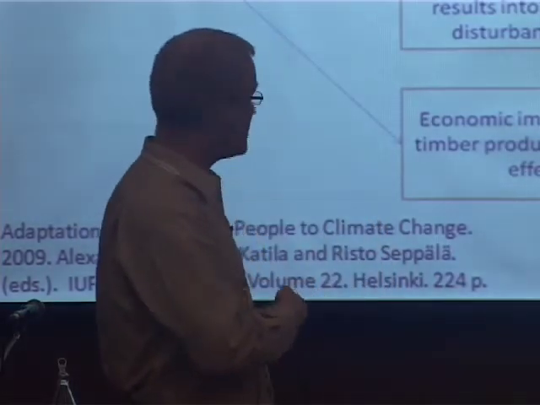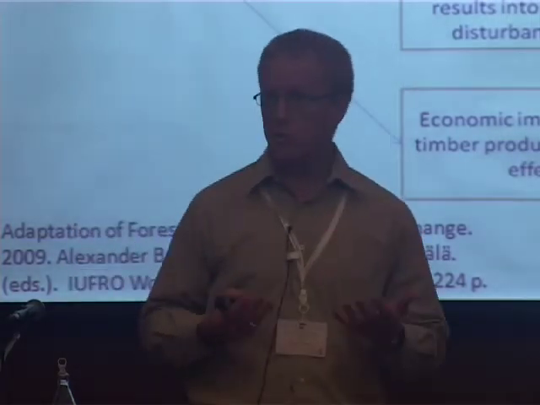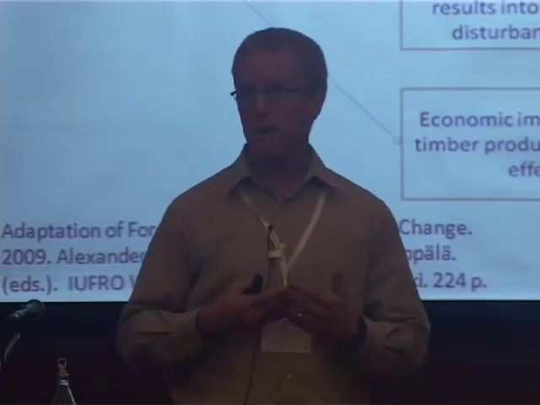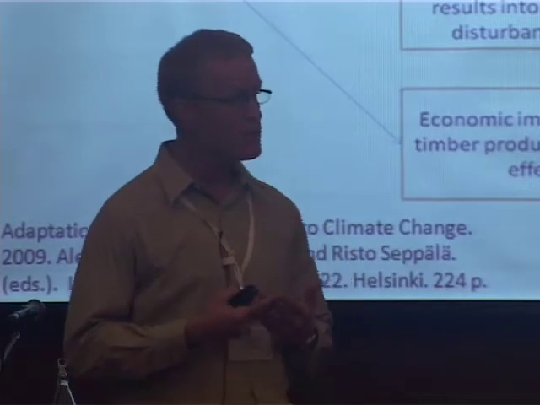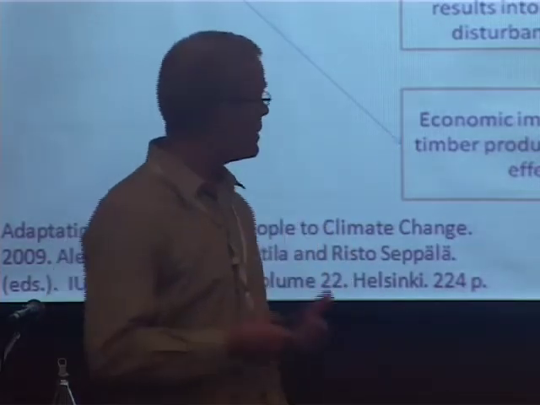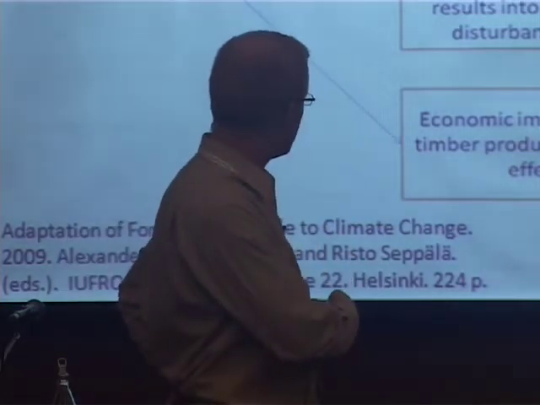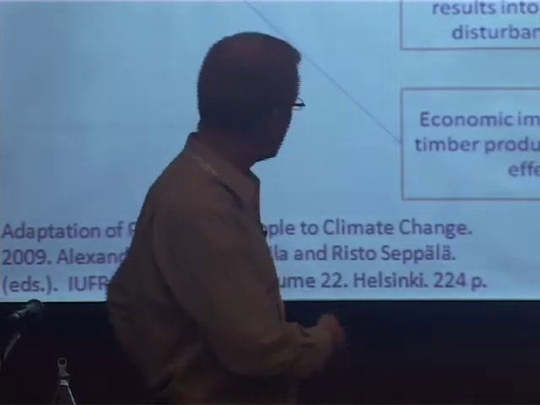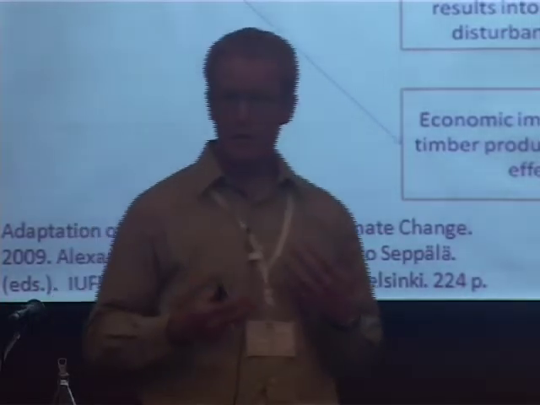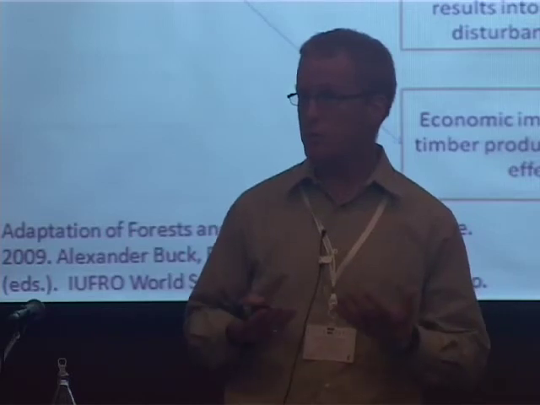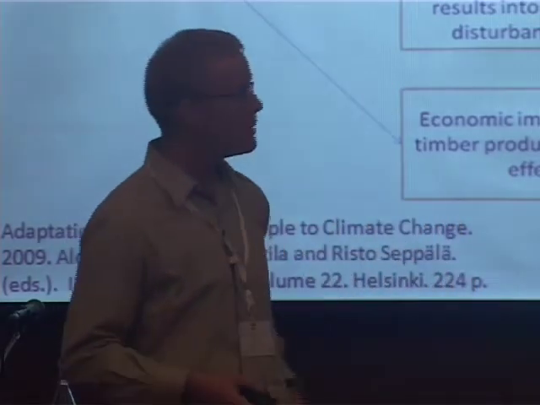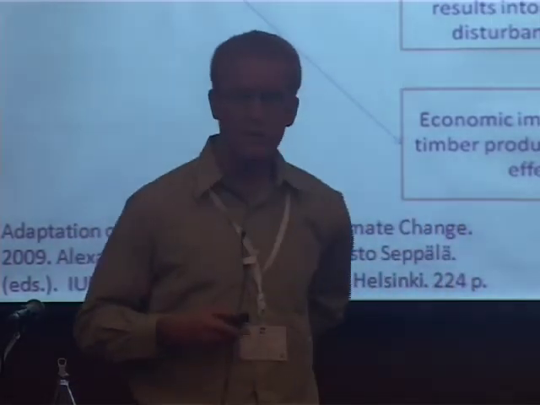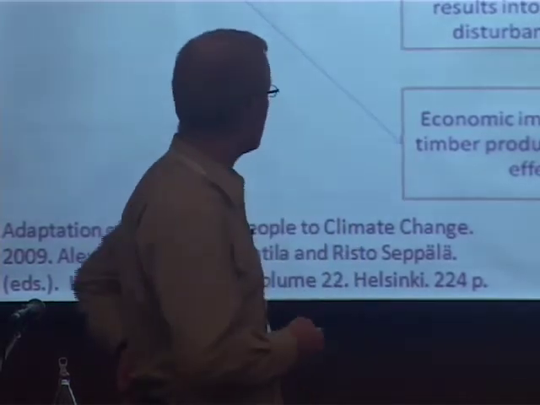You then maybe need to use ecological scenarios, assessments of what may happen to ecosystems over time, and then link those into your economic models. So the economic models really are kind of at the end of this set of models you'll need to use in order to understand the impacts of climate change on forests as well as the potential adaptation strategies.